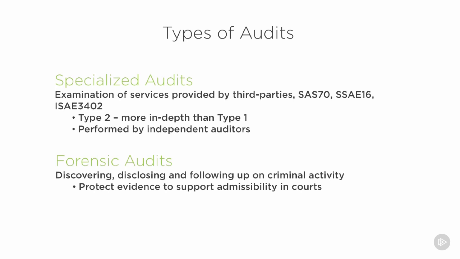Forensic is when we are discovering, disclosing, and following up on criminal activity. And in the case of forensics audits, we are doing the examination of evidence needed in the gathering of information about that potential criminal activity. The important thing when we are conducting any type of forensics audit is to ensure we've taken extreme measures to protect the evidence.